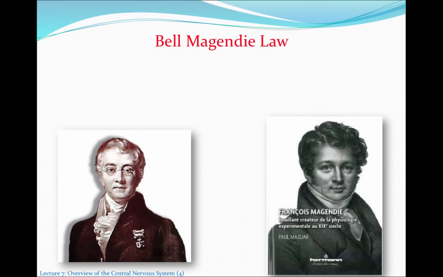So I want to introduce you to some very, very intelligent gentlemen who discovered the dorsal and ventral roots of the nervous system. These two gentlemen, as you can see, are very intelligent, and they had a fight as to who really owned or who discovered this dorsal and ventral information in the spinal cord.